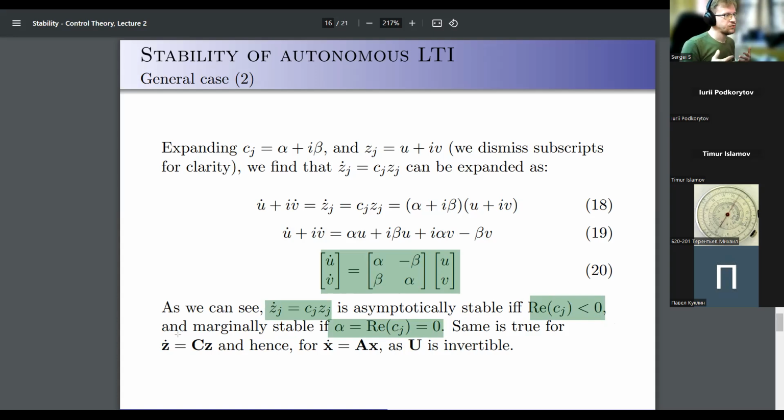The same is true for the whole system, right? Because they're independent equations. And hence, it is the same for the original system, since U is invertible. So we have just proven that the stability criterion for systems depends on the real parts of the eigenvalues.